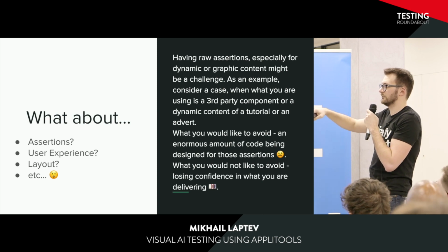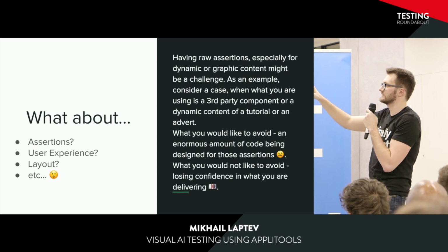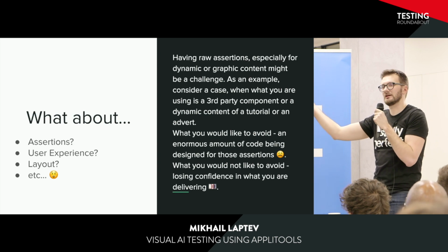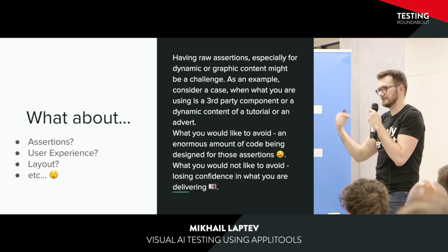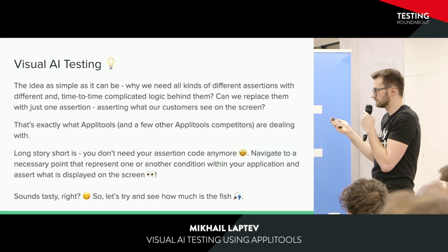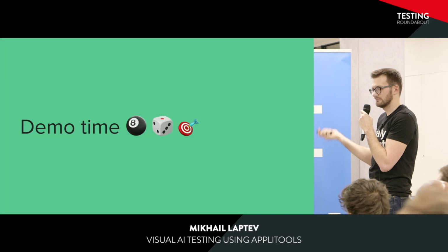What you need in your UI tests, in your UI framework, is just some locators and some functionality that will allow you to navigate via the page. So, it was quick. Demo time.